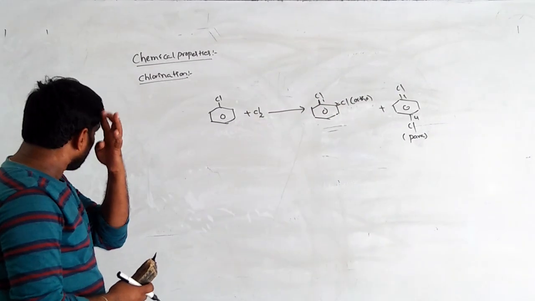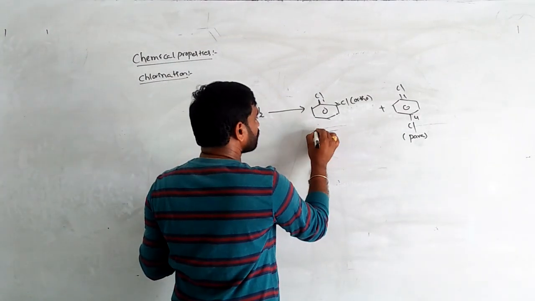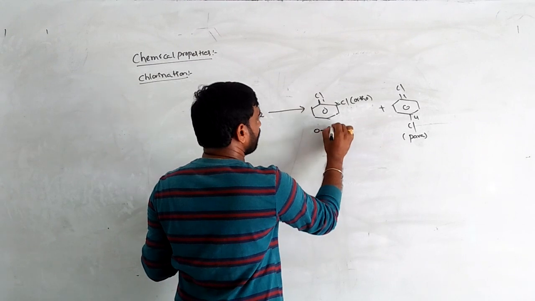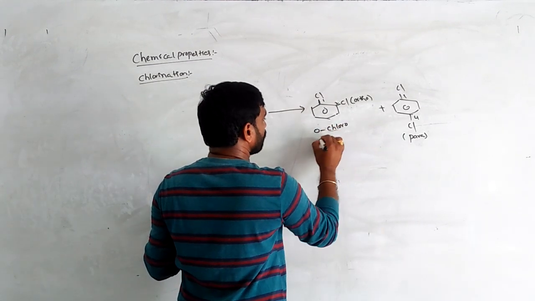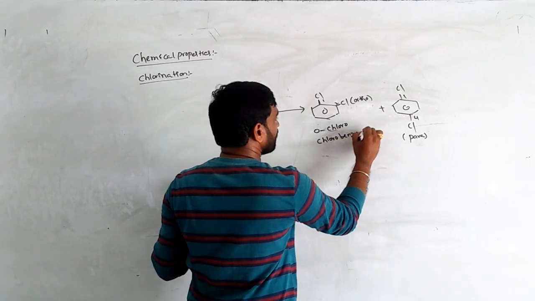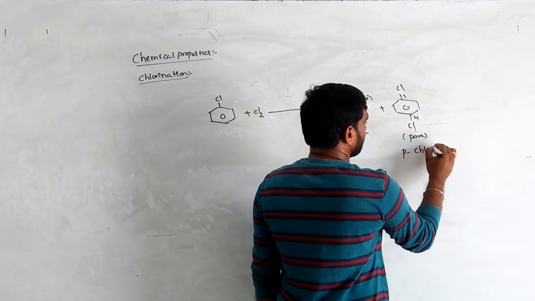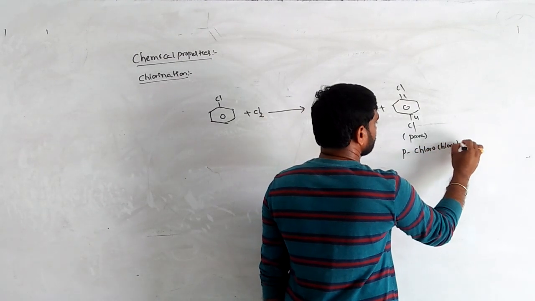That means chlorobenzene reacts with chlorine to form ortho and para dichlorobenzene.